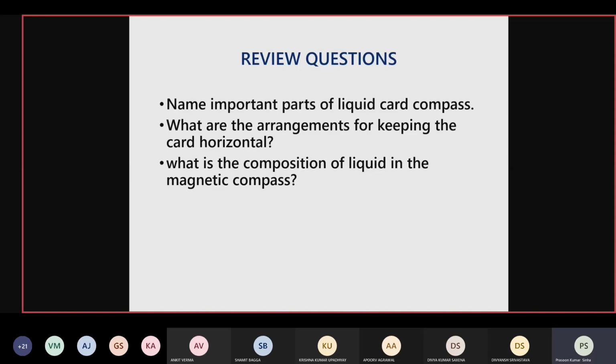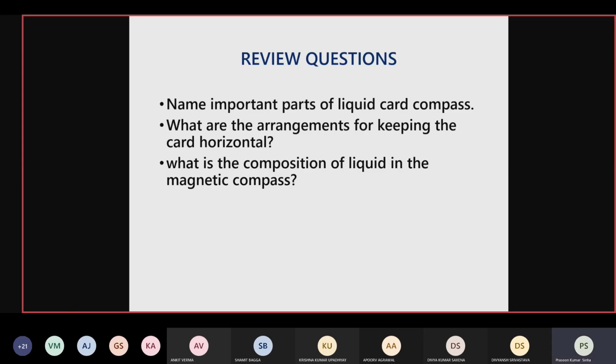The compass bowl, the card, the pivot, the jewel cap, gimbal rings, expansion chamber, diaphragm, lower line. Can we? Yes sir. The second question is all done.